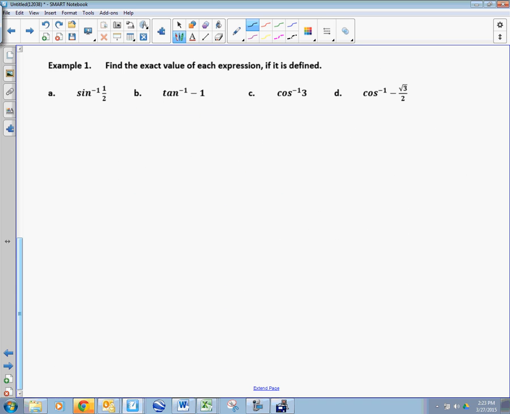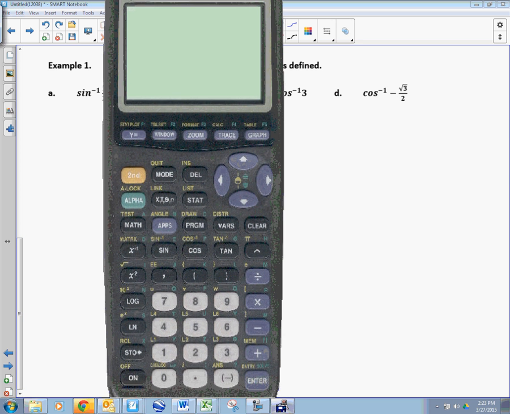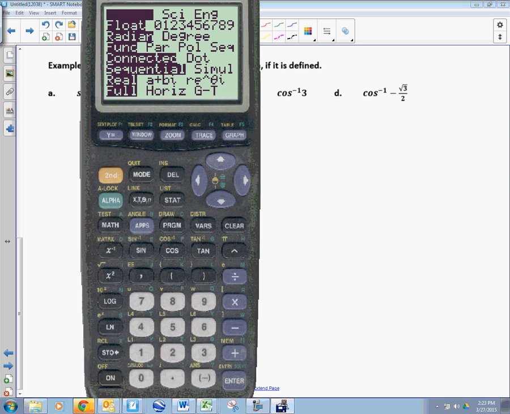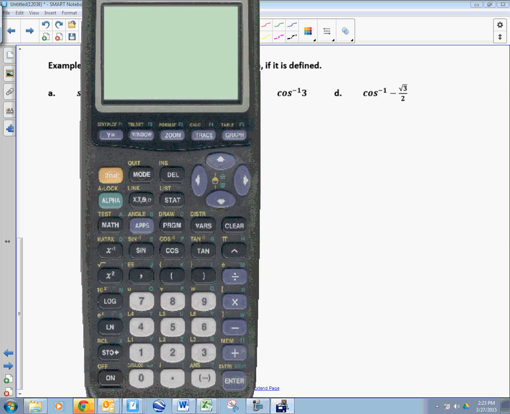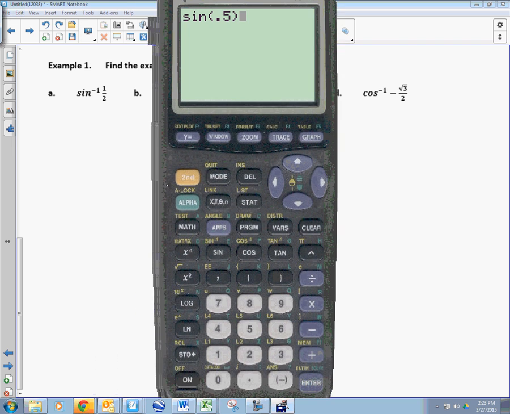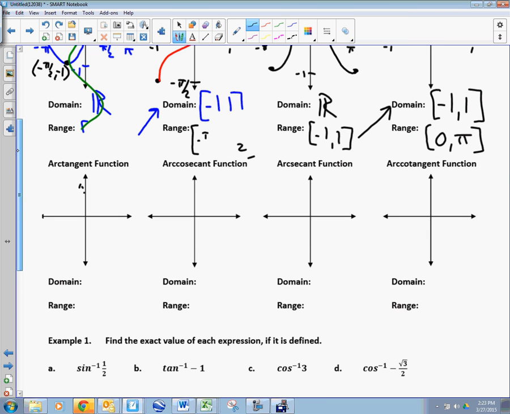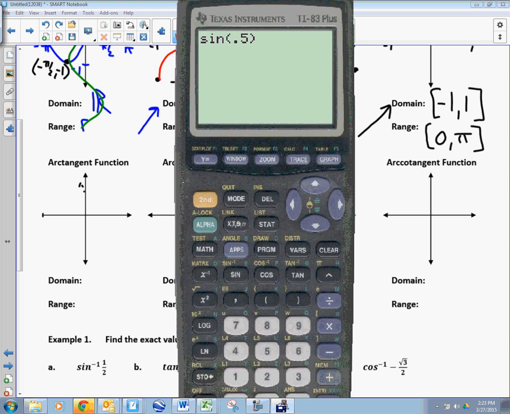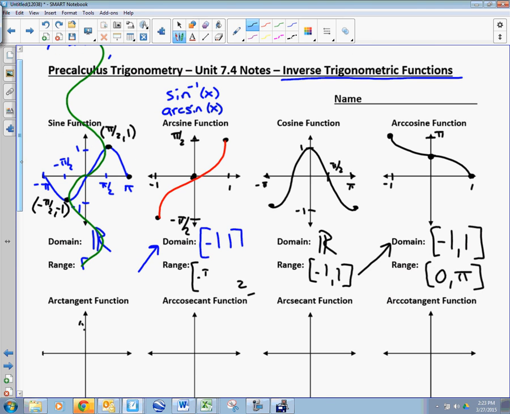Also, when you press your calculator, you get some of these special values. So as you take out your calculator, now I want you to switch it to degrees. Go into mode and switch it over to degrees. Type in sine of 0.5. So as we type it in, we're going to check it against what we have, okay?